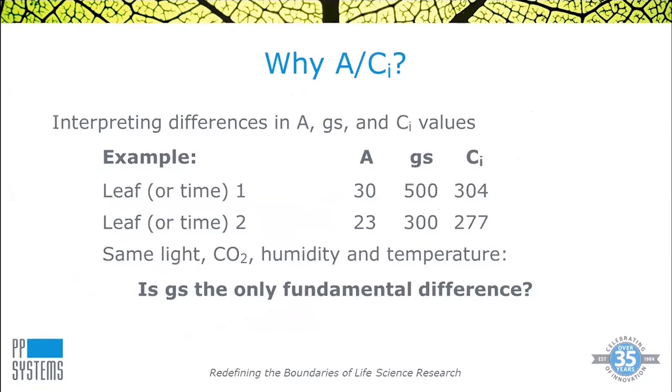Just as an example, if we have 2 leaves, which have different A assimilation rates, different gs stomatal conductances, and different Cis, intercellular CO2 concentrations. Suppose that these measurements were made at the same light, CO2, humidity, and temperature. So we can ask the question, is stomatal conductance the only fundamental difference between these 2 leaves? Or is there something in the photosynthetic biochemistry that's different between those 2 leaves? So that's an important question.